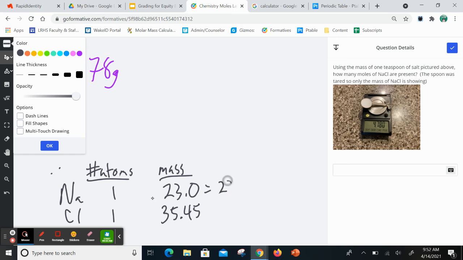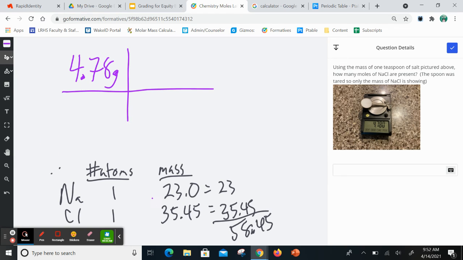And then we add that up: 58.45. So again, if we're trying to get to moles, we need to divide by what we got from the periodic table.